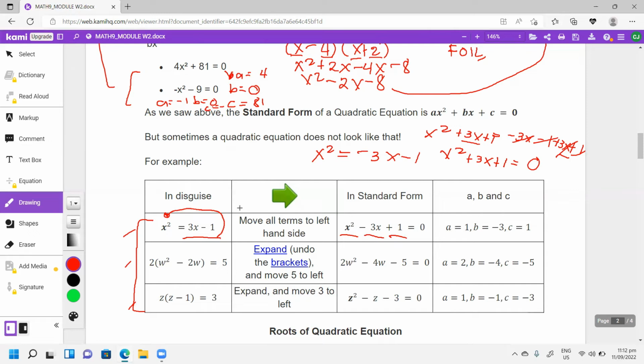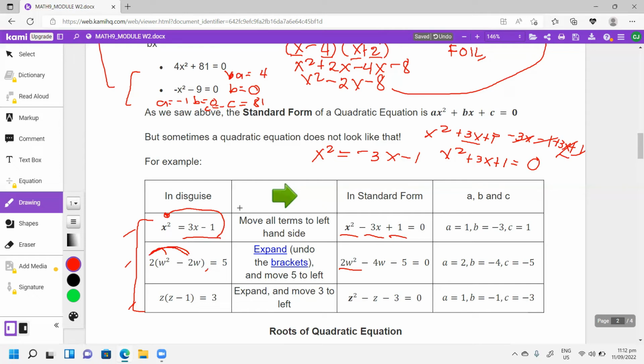For number 2, what we'll do is distribute the 2 to the terms inside the parentheses. 2 times w squared is 2w squared. 2 times negative 2w is negative 4w.